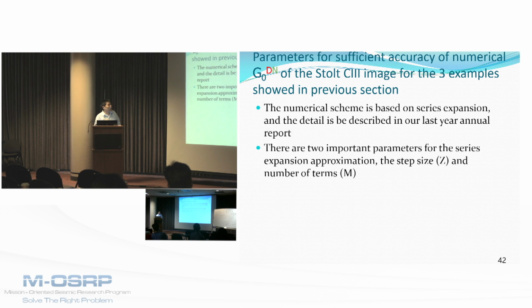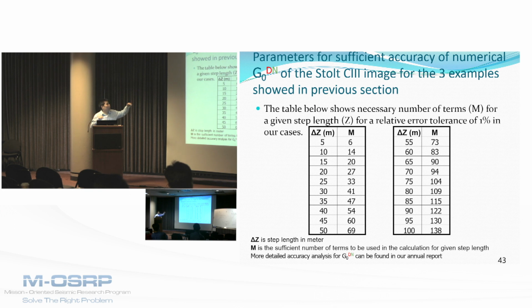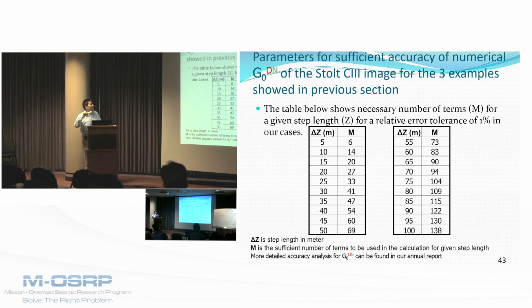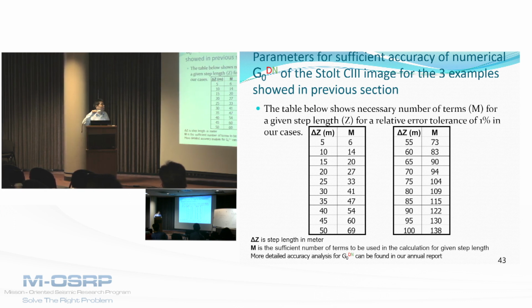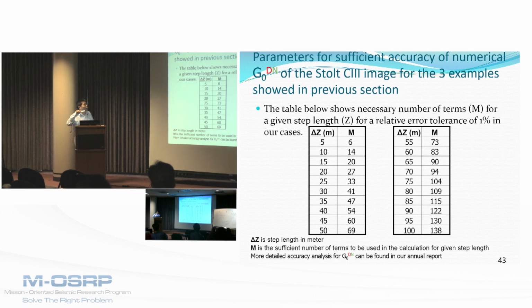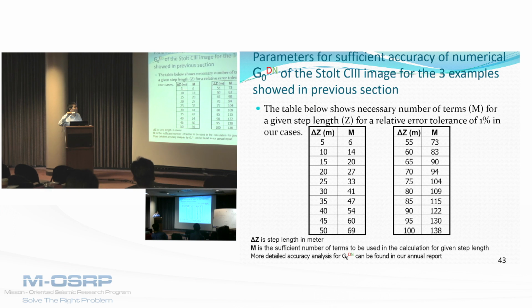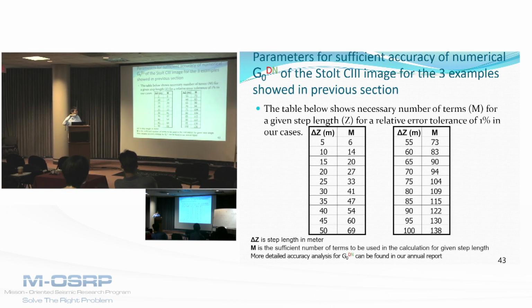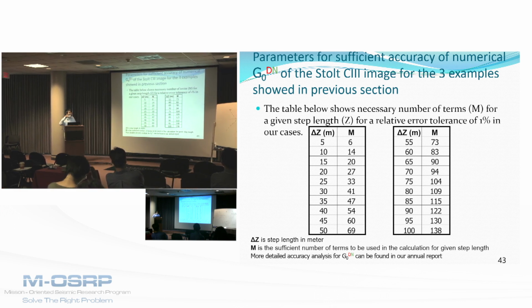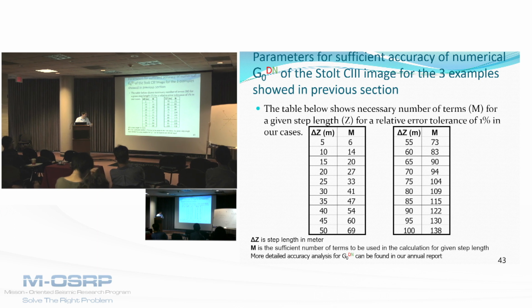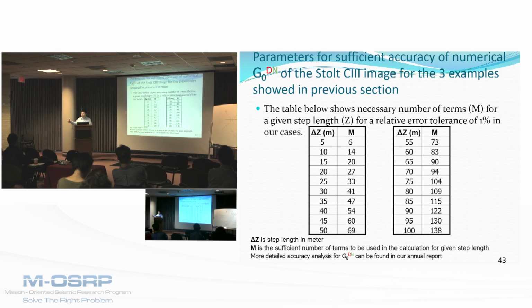But let me summarize that. There are two important parameters for the series expansion, like every series expansion method: the step length and the number of terms. For the three examples we showed in the previous section, here, for the given error tolerance of 1%, is the necessary step length and the necessary number of terms. All the tables are already in the annual report.